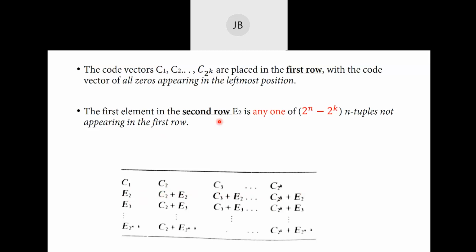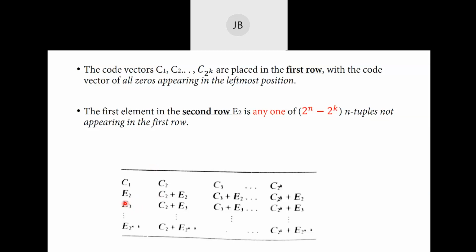For the second row, we need to find E2, which is any one of the 2 power n minus 2 power k tuples not appearing in the first row. The first row has C1 to C 2 power k code words. Now we need to determine E2. E2 is an n tuple which is not appearing there; we have only 2 power n minus 2 power k such combinations, and we choose any one from these. Next we need to find E3.